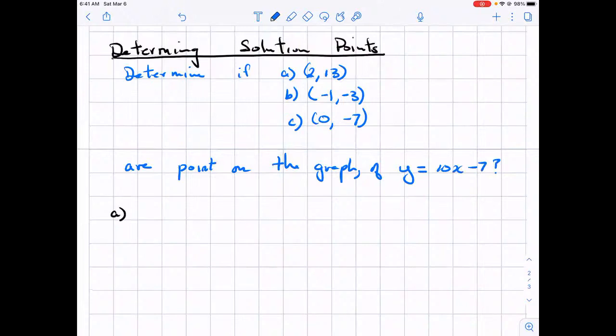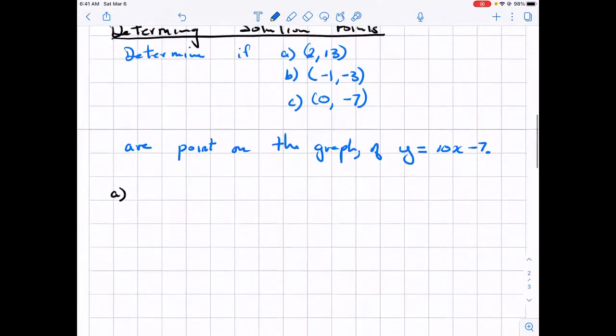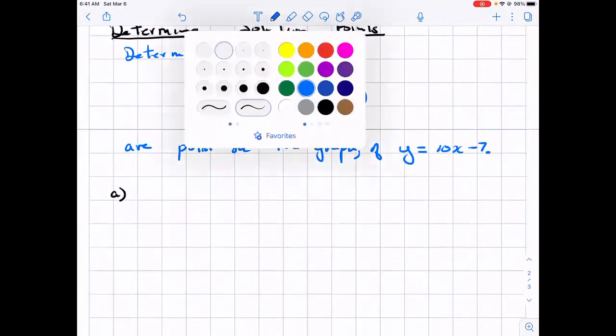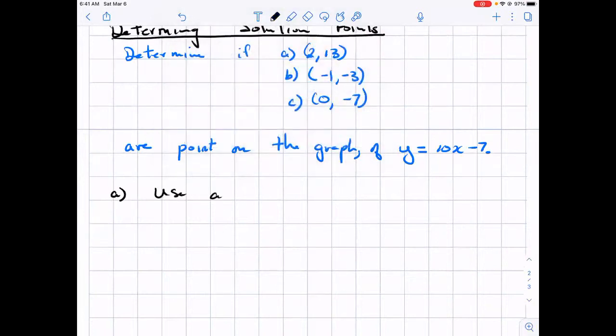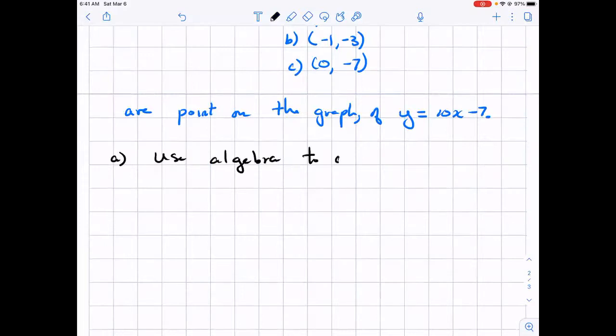That's what we want to determine. So to do this, we will use algebra to check.